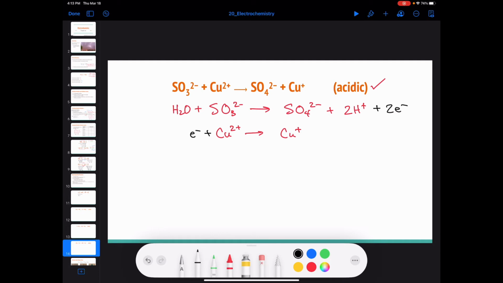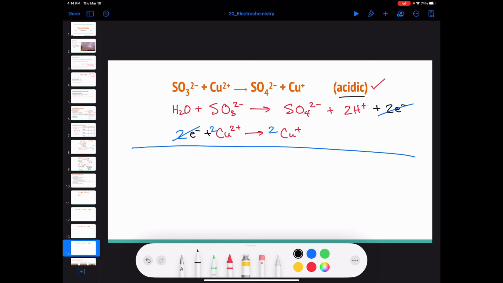Now, I said that it was acidic, so I don't have to cancel out any hydrogen ions that I have. So the next step I need to do is simply make sure that they have the same number of electrons. So let's go ahead and double this bottom one so that I have 2 electrons, because that way my 2 electrons will cancel. And now I can just add everything up.